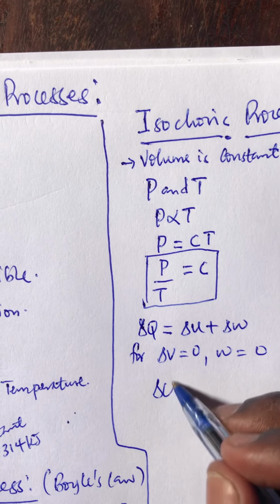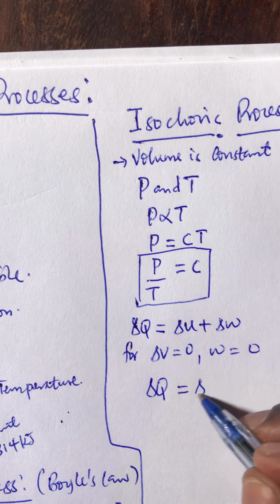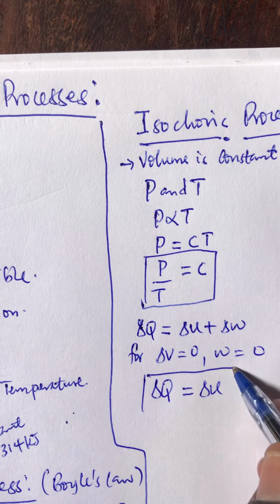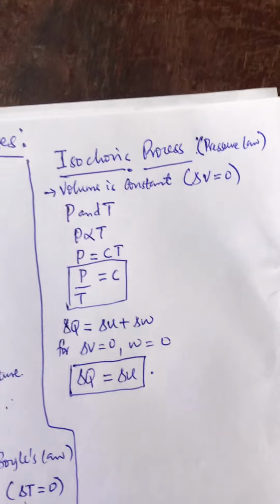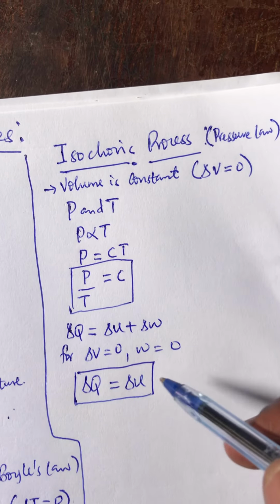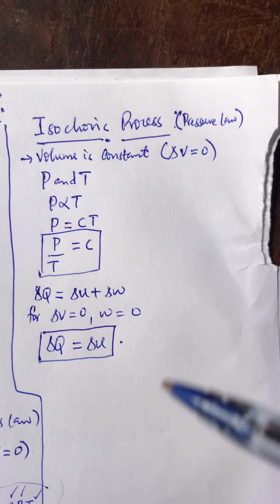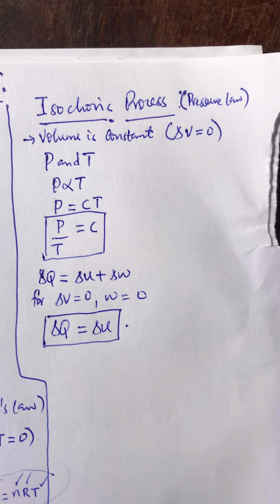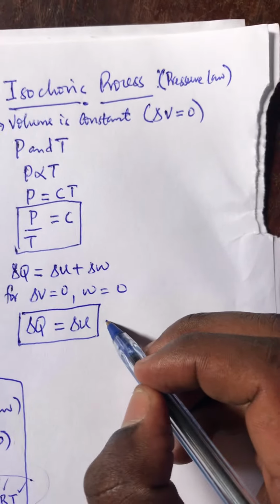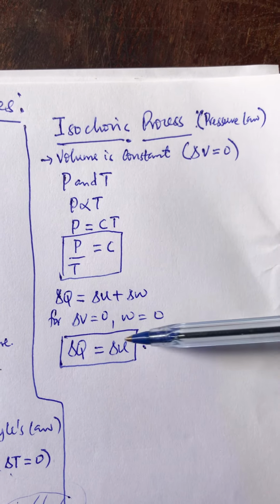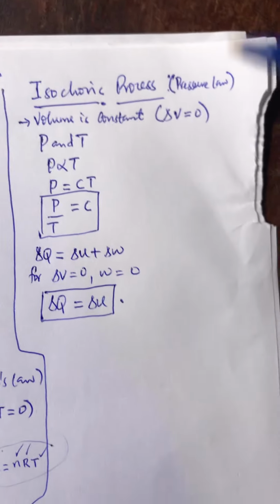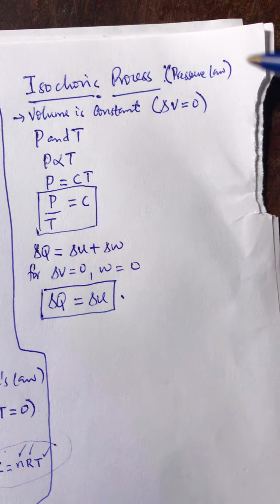Therefore, the heat supplied, Q, is used to increase only the internal energy of that system. This one we shall prove in our next video. So basically, at first you have to know this, then in our next videos we shall prove it. So we are done with the isochoric.